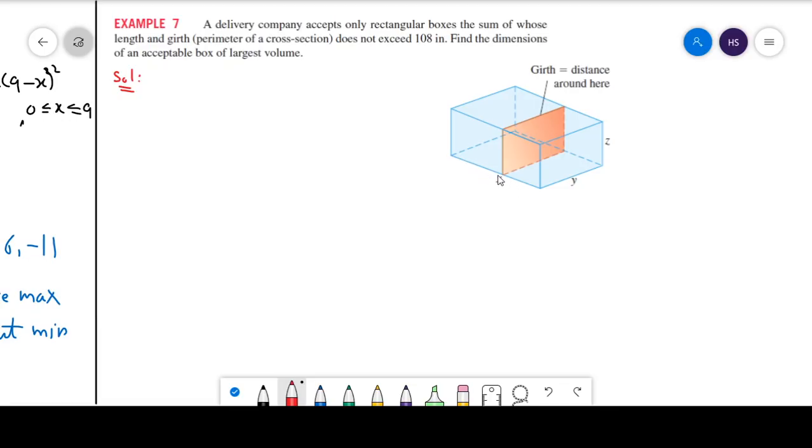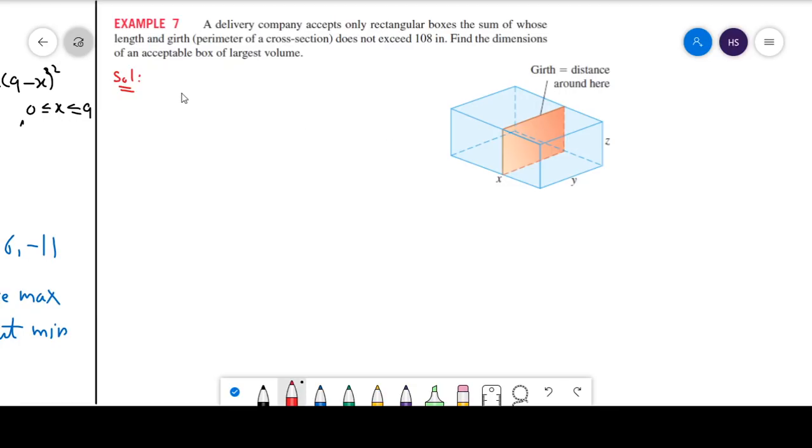If you take this red section to be its girth, then the perimeter of this red section will be, since this y length is equal to this length and this z length is equal to this length, 2y plus 2z, since it is a rectangle, and the perimeter of a rectangle equals 2 times its length plus 2 times its width, right?